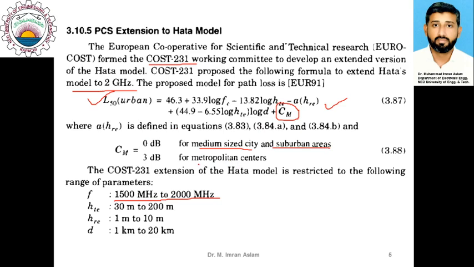But if we have a metropolitan city or a larger city, this CM comes out to be 3 dB. So you would be adding 3 dB here. So this model extends the applicability of the Hata model up to the 2 gigahertz range, and the rest of the stuff is the same as we discussed for the Hata model.